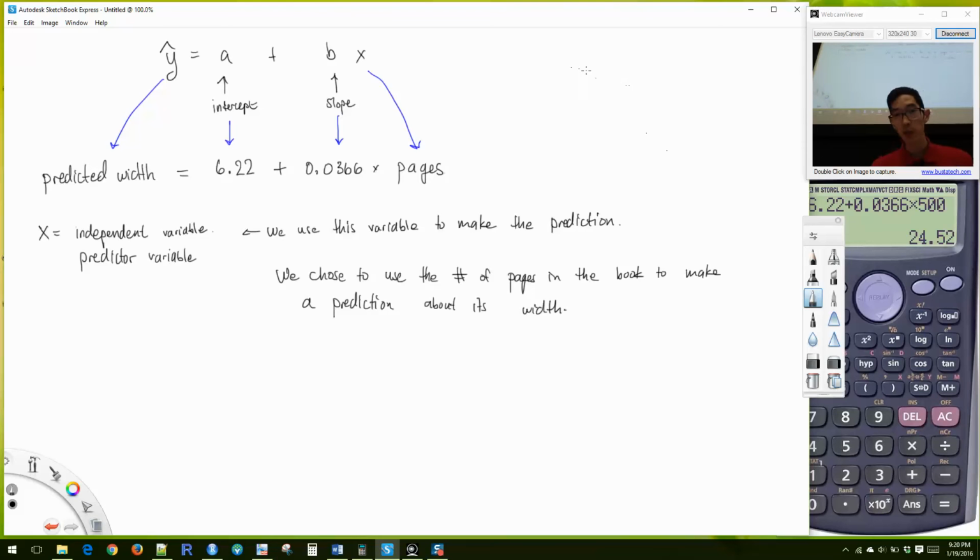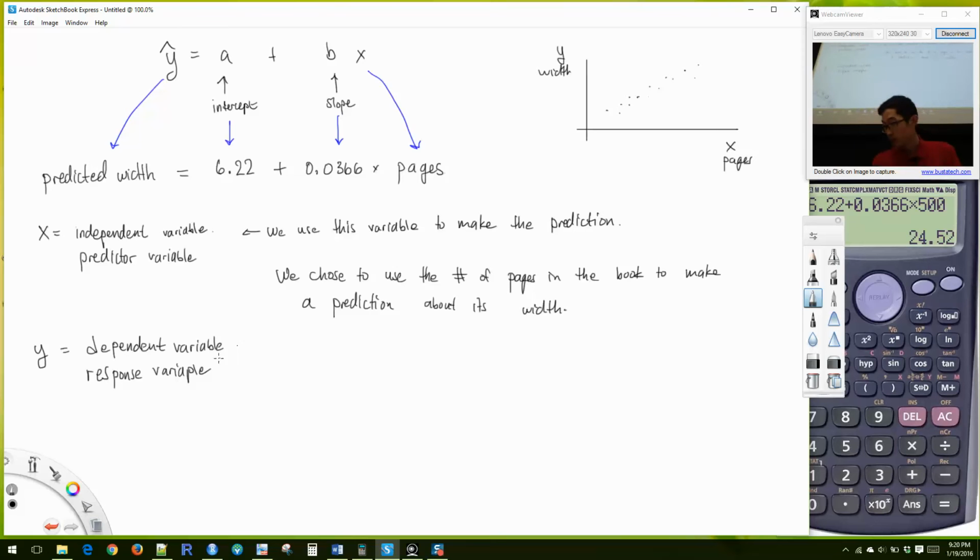So in the scatter plot, the x variable, pages, always shows up down here, and the y variable, width, shows up over there. Your data looks something like that. And over here, y would be called our dependent variable, or our response variable, or the predicted variable.